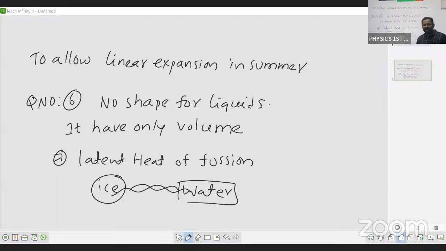What is latent heat? Heat required for a body to change its state completely. Solid state to liquid state. Ice, water: three states are present. Solid state we call ice, water is the liquid state, vapor is nothing but the gaseous state. So the heat required for a substance to convert its state from solid to liquid is the latent heat of fusion. Next, latent heat of vaporization.